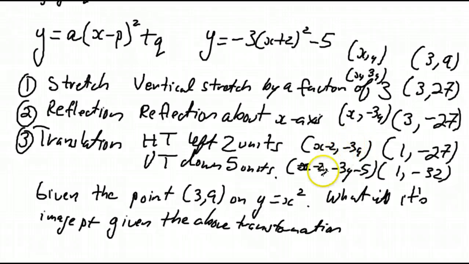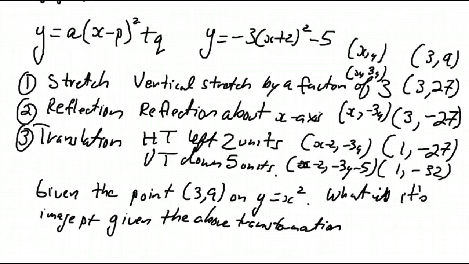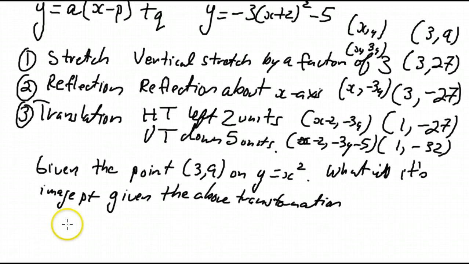Next thing we wanted to do was be able to figure out the equation of a parabola given some information, such as a vertex. Okay, so remember in this, I'm just going to move up a little bit here. In the equation, the vertex is at (p, q).